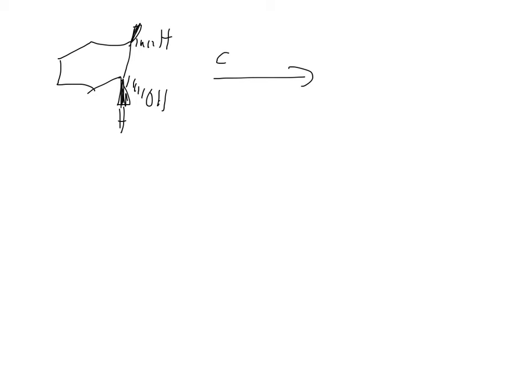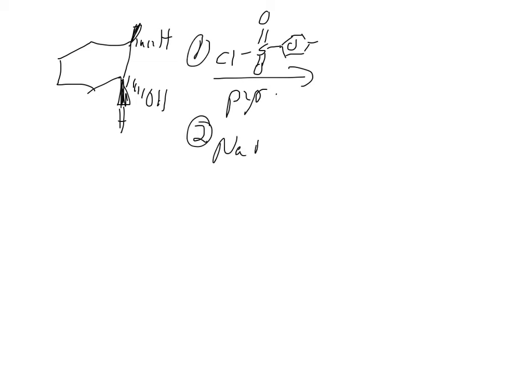Now for this one, we're going to have a tosyl chloride. Pyridine again. And that's our step 1, and then step 2, they add in NaBr. Okay.